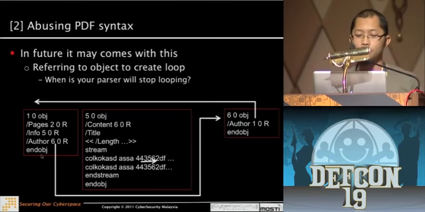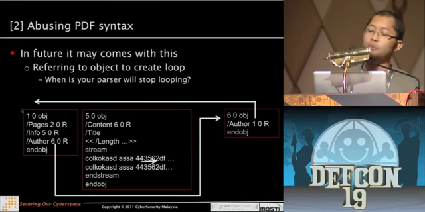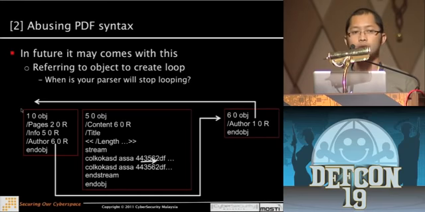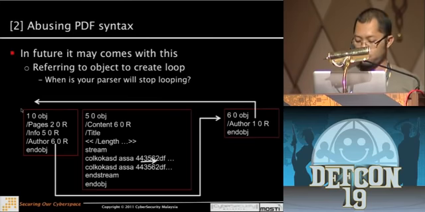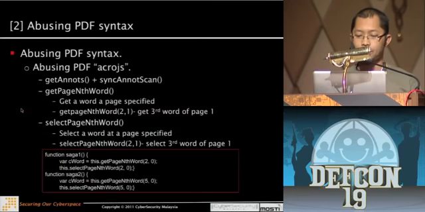You have object 1 that has the dictionary for author, which is pointing to object 6 over here, and object 6 author is also pointing to object 1. If you open it with any PDF application, it may stop. But if you're building your own parser, when are you going to stop your loop, right? So that will be interesting to see when we should stop.